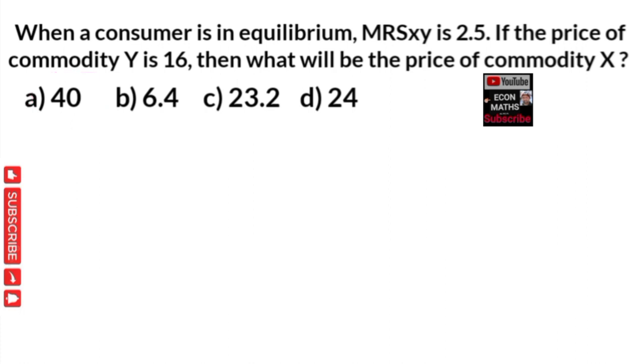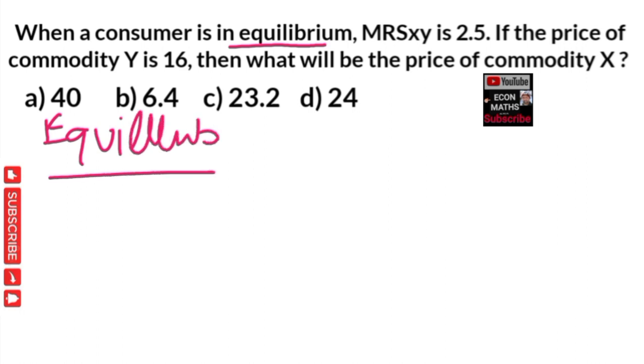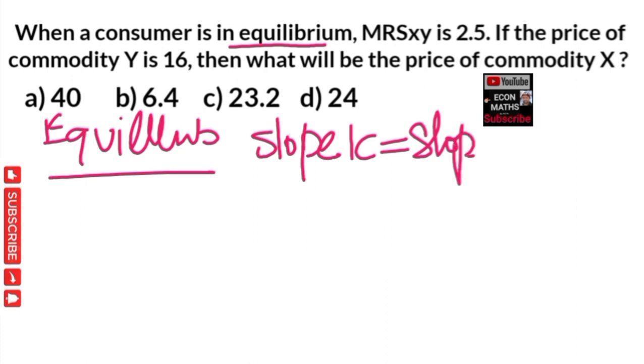Now, to give a further explanation to this question, we know that the consumer is in equilibrium where the slope of the indifference curve is equal to the slope of the budget line, or price line.